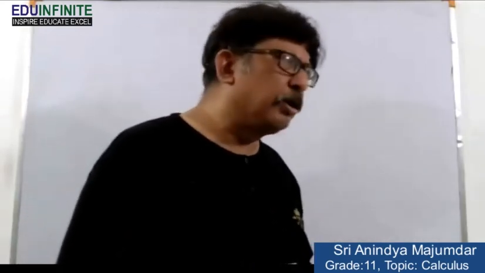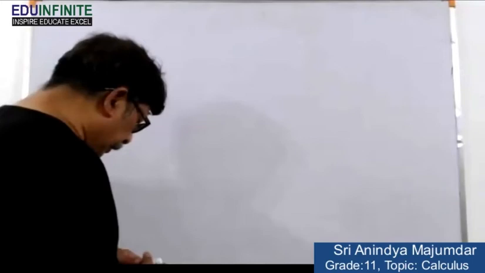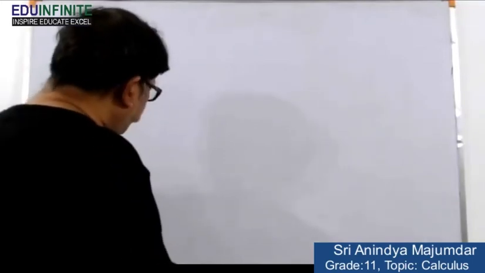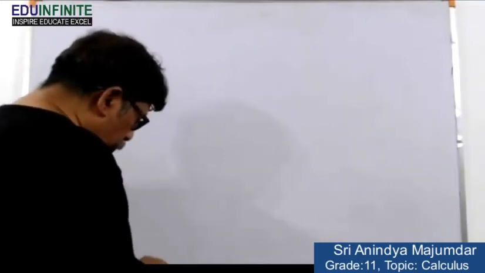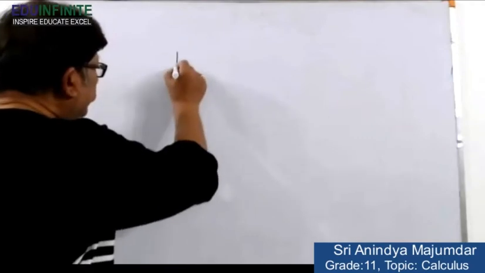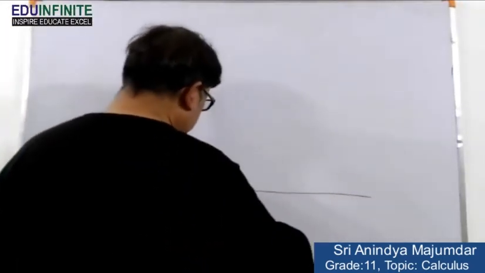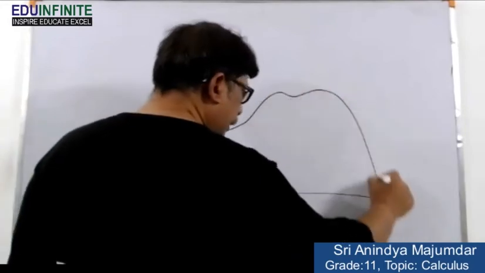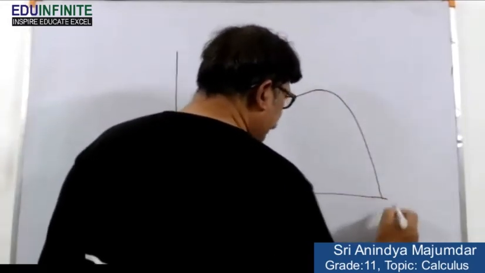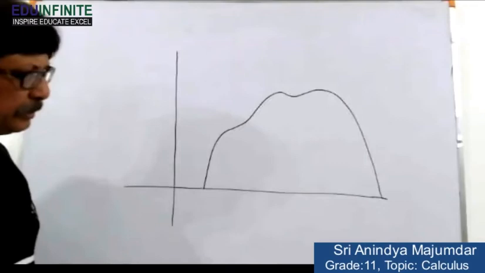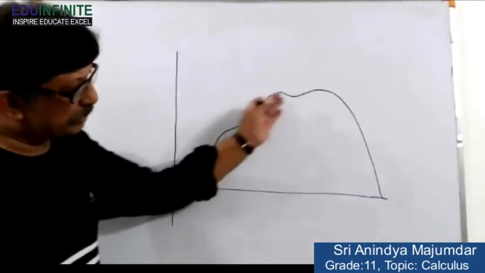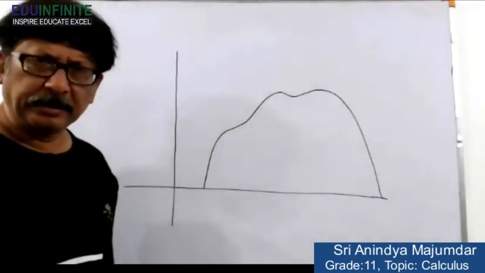Okay, fine. Let us consider the situation. Suppose we have to find the area enclosed by the curve and the x-axis. Suppose I want to know this area, for instance.